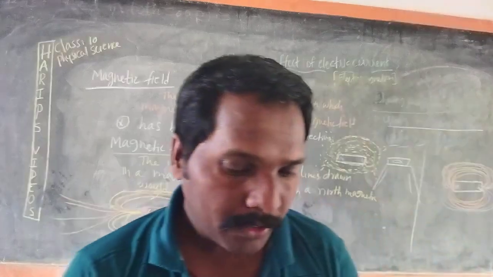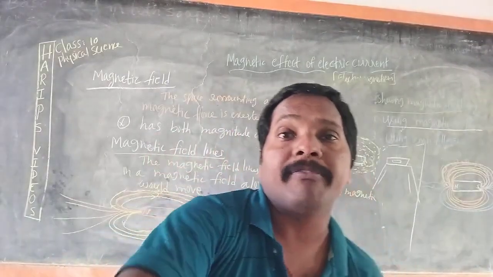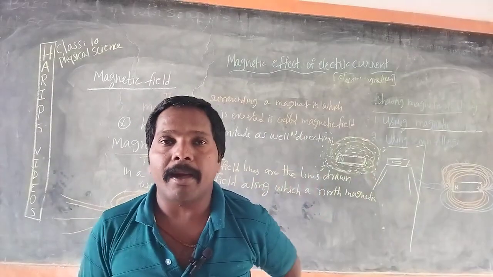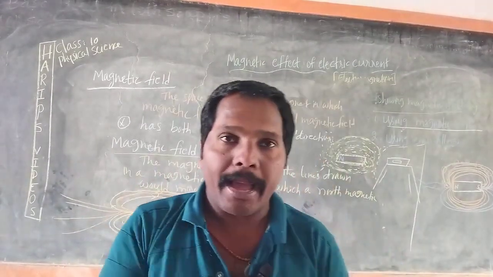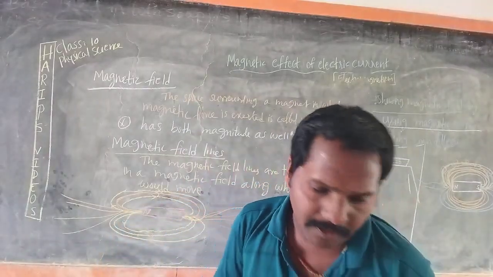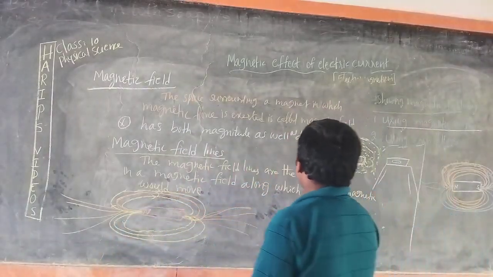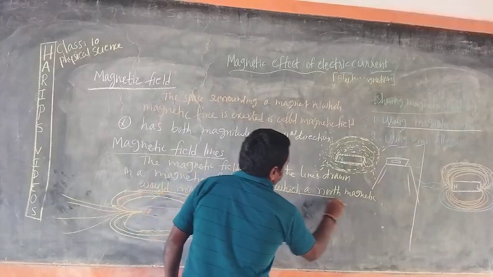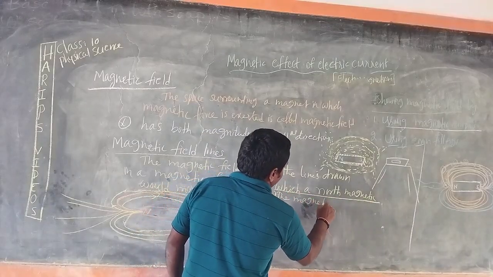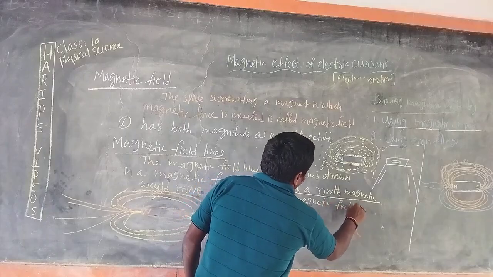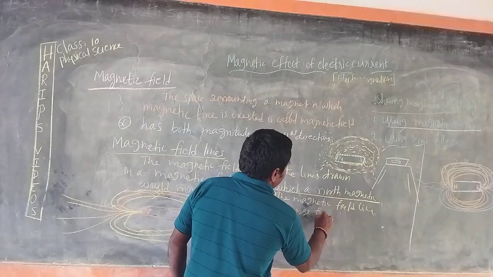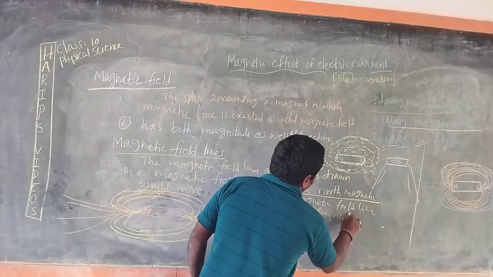So this is about the magnetic field. Then what are the properties of magnetic field lines? The magnetic field lines emerge from the north pole.